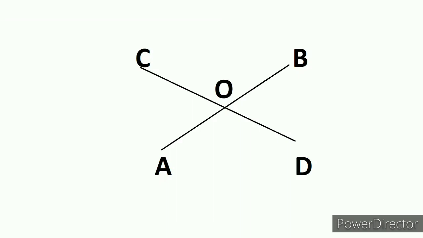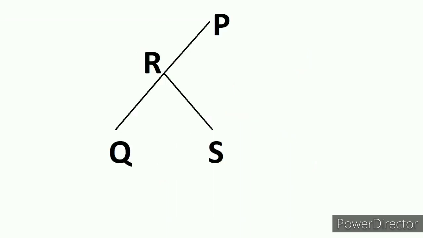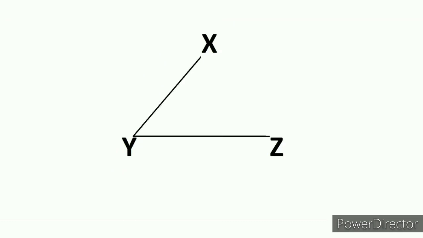Next, the line segments PQ and RS meet at R. So, R is the point of intersection of line segments PQ and RS. Next, the line segments XY and YZ meet at Y. So, Y is the point of intersection of line segments XY and YZ.